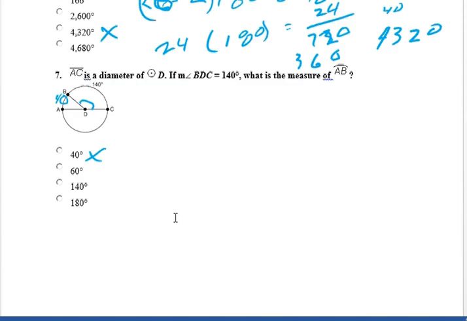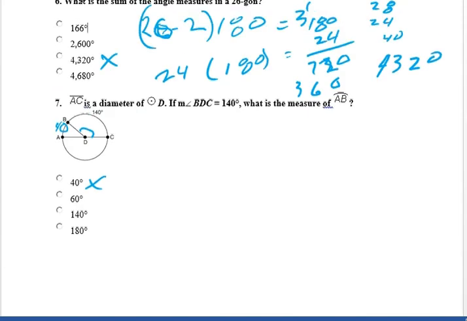And they're talking about AC. I got to get my pen back. AC is the diameter. There it is. And we know that angle BDC is 140. And we also know that because this is a central angle, it starts at the center of the circle, and so it's always the same as the arc length.